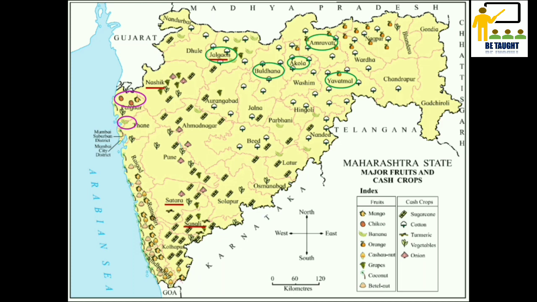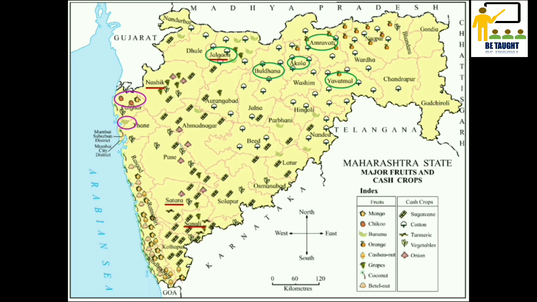Name the districts growing coconuts on a large scale. Thane, Raigad, Ratnagiri, Sindhudurg, etc. Name the districts in which oranges are grown on a large scale.